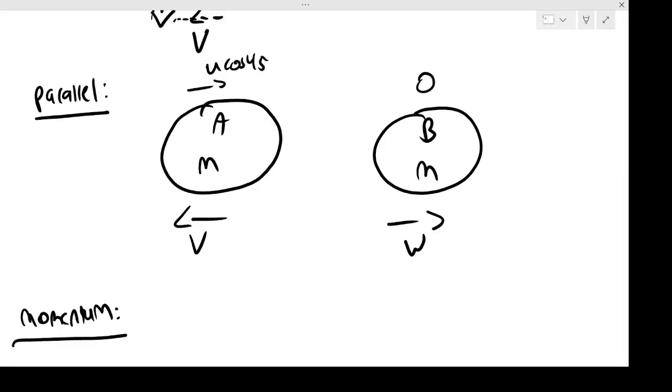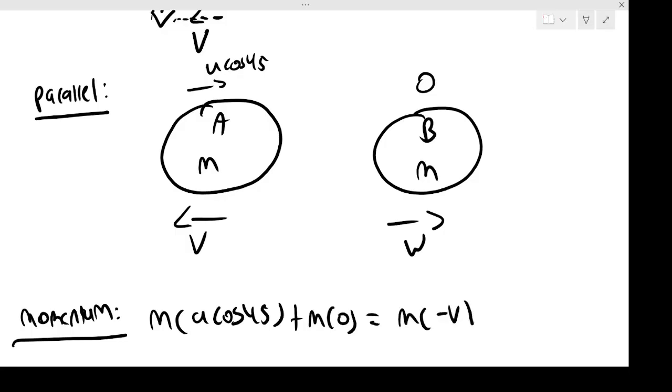Momentum: M lots of u cos 45, plus M lots of 0, equals M lots of minus V, plus MW.